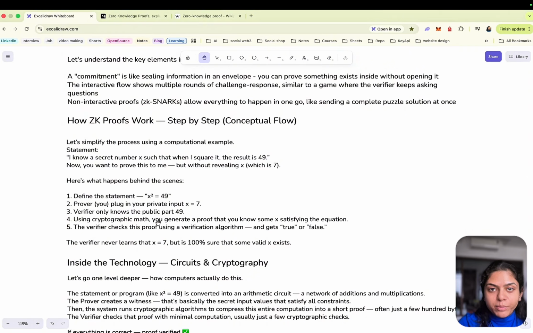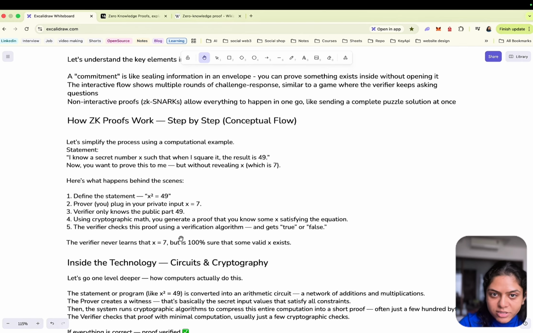Using cryptographic math, you generate a proof that you know some x satisfying the equation. The verifier checks this proof using the verification algorithm, which returns true or false. The verifier never learns that x is equal to 7, but is 100% sure that some valid x exists and the prover knows that x.